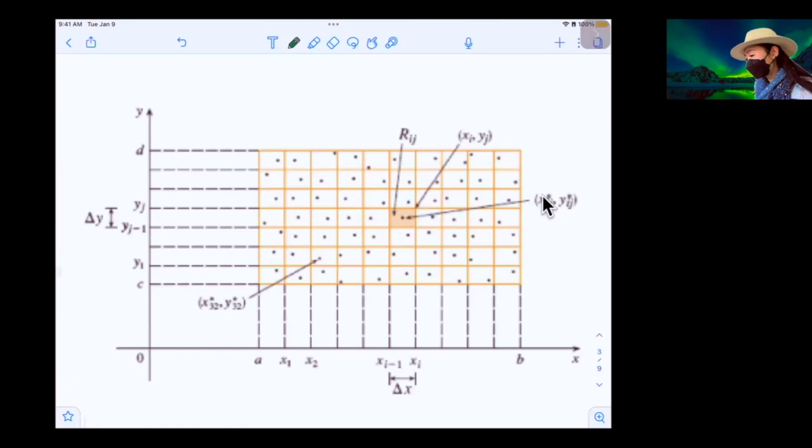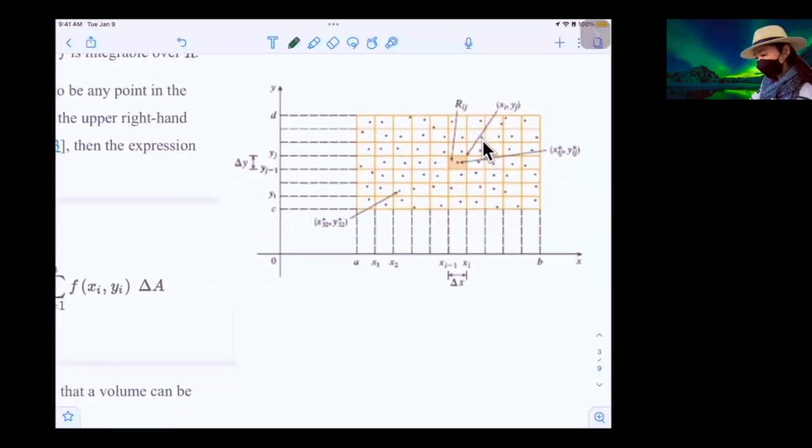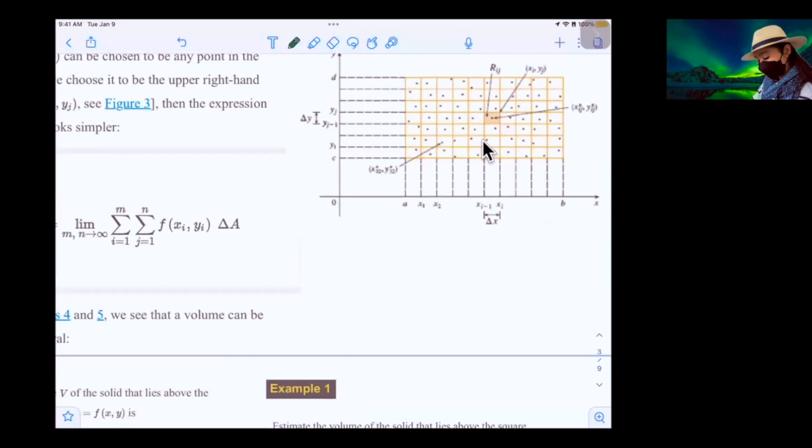You don't need the star anymore, because the star just represents an arbitrary point in the subinterval. If you pick the upper right corner, you don't need to put a star there. We can pick that point as the sample point in this Riemann sum.